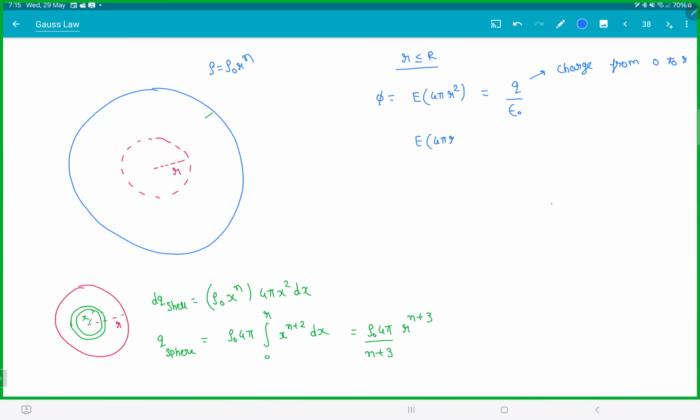So E into 4 pi r square equals rho naught 4 pi r power n plus 3 by n plus 3, over epsilon. This is the reason why I didn't take n equal to minus 3. Then you'll get a ln term there. So you can't use the x power n formula for n equal to minus 3 here. 4 pi will cancel. We get E equals rho naught r power n plus 1 by n plus 3 and epsilon.